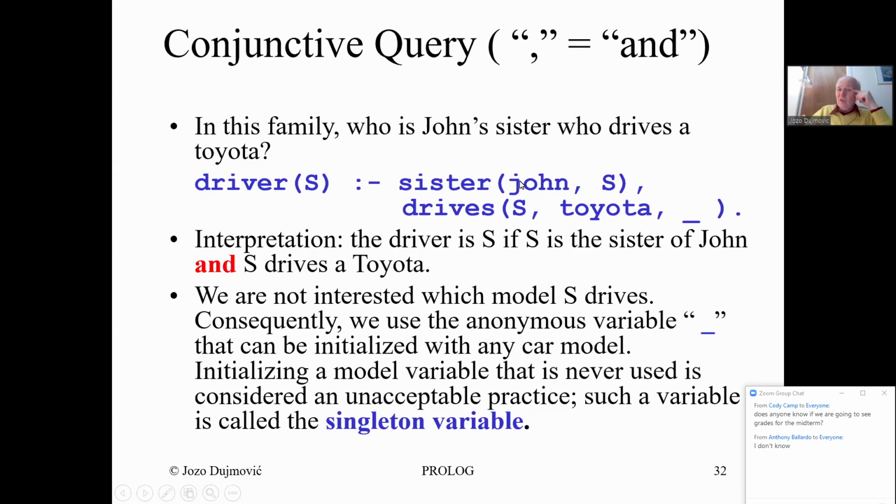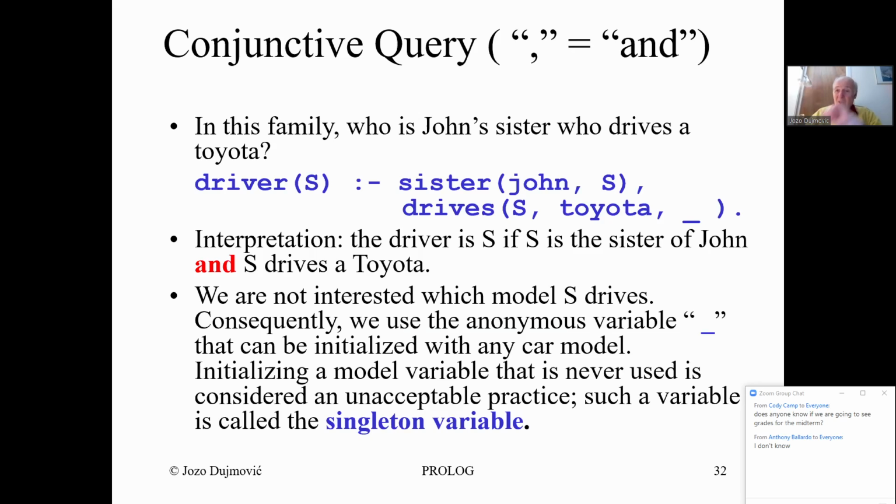You have to satisfy this goal, and you have to satisfy this next goal. If you have multiple goals, all of them have to be satisfied. So the driver is going to be somebody who satisfies the first goal and the second goal and the third goal, and whatever is the number of them.